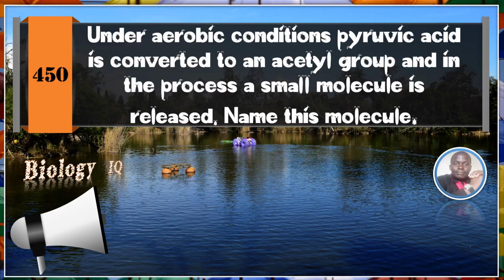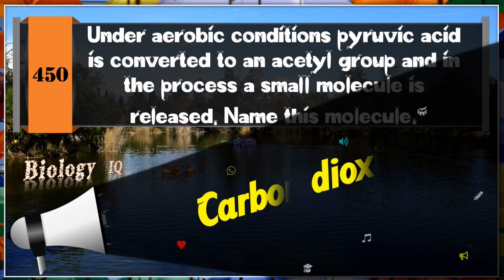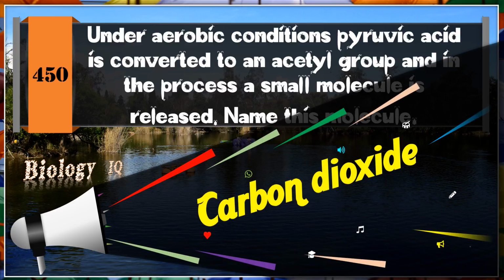Under aerobic conditions, pyruvic acid is converted to an acetyl group, and in the process, a smaller molecule is released. Name this molecule. Carbon dioxide.